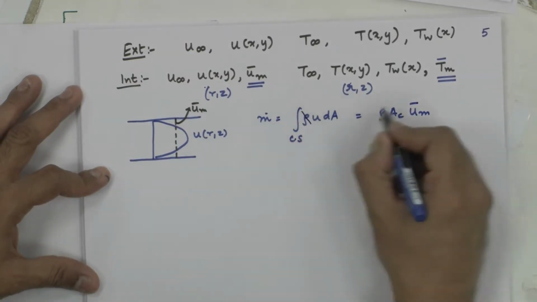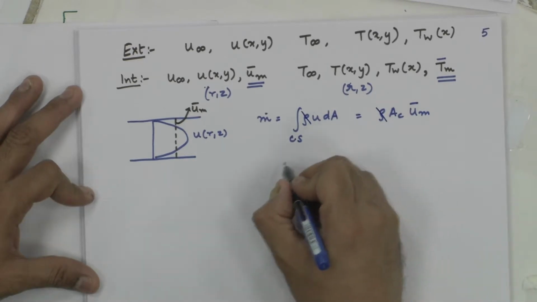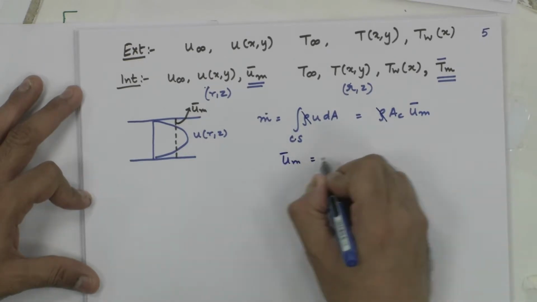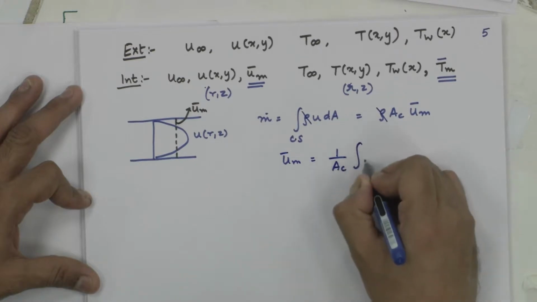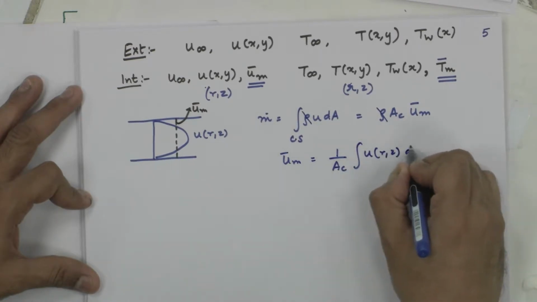For an incompressible flow, rho will cancel off, and you have u m is 1 over A_C integral u of r comma z dA.